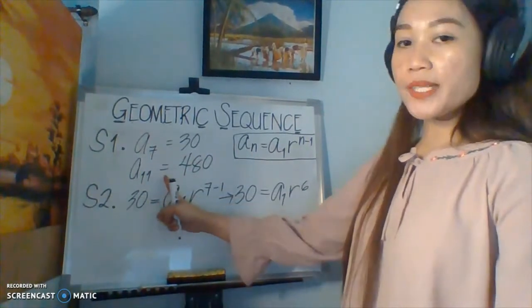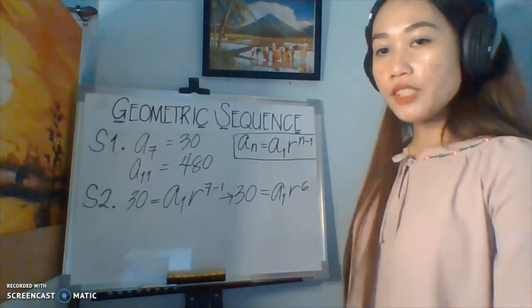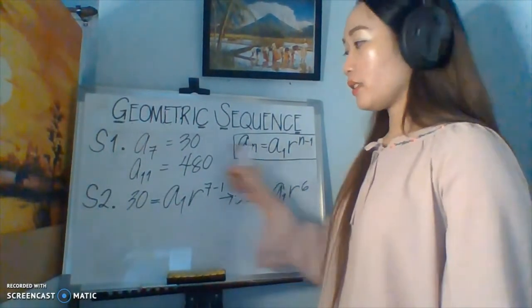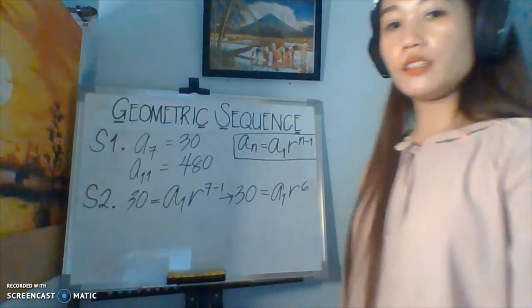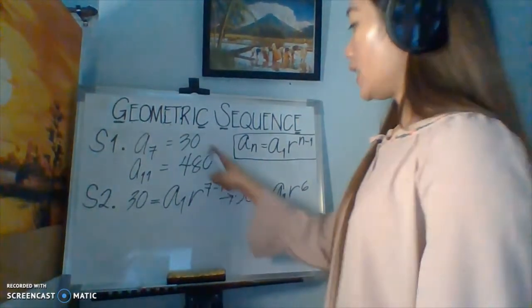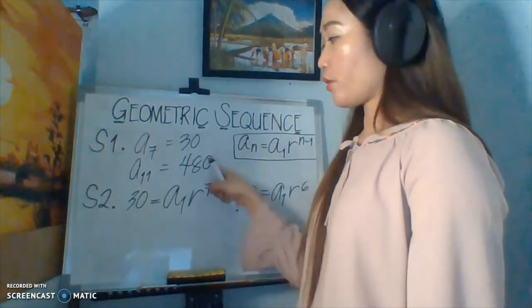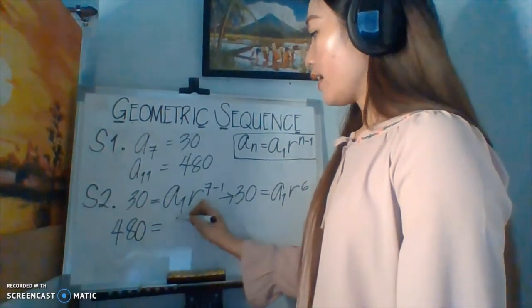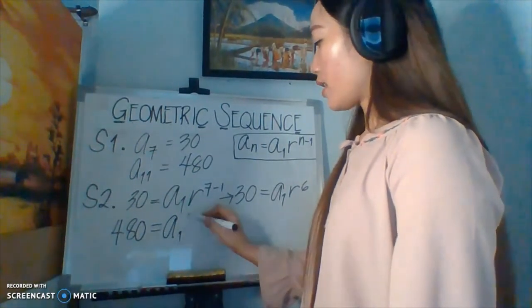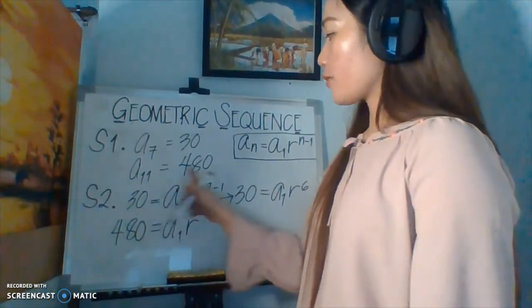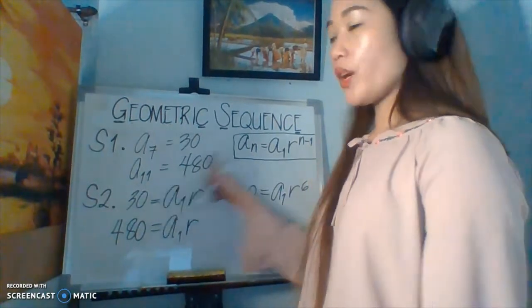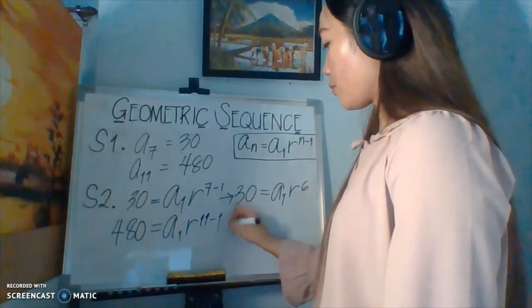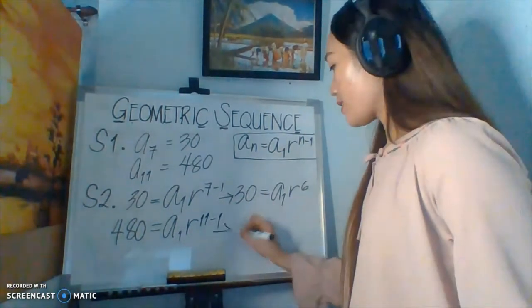Let us proceed to our second given, which is the 11th term, 480. So what we did here, we will also do for the second given. For 480, we will replace a sub n again by 480. We have 480 equals a sub 1 r raised to 11 minus 1, since 480 is the 11th term, our n is 11.